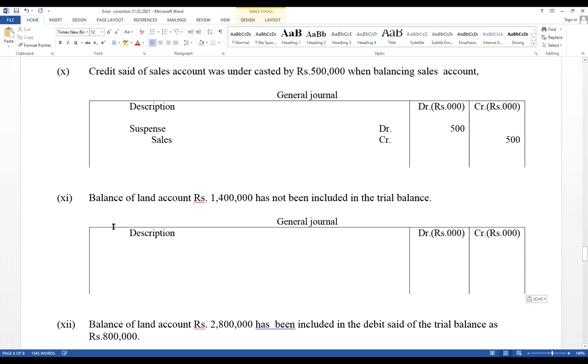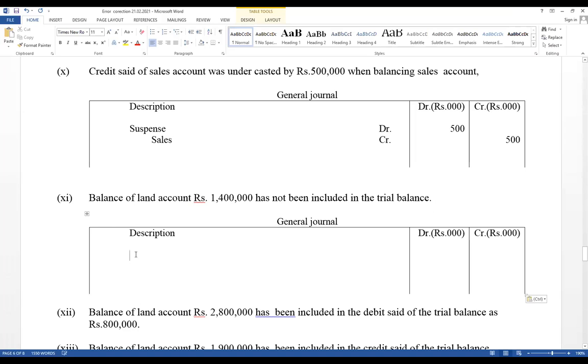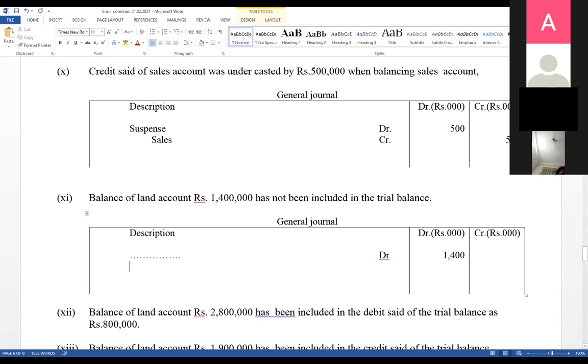Land is an asset, normally recorded on the debit side of the trial balance, but it has not been included. Therefore, trial balance debit. As the trial balance, you have to write a dot line. Trial balance debit 1.4 million and suspense account credit.